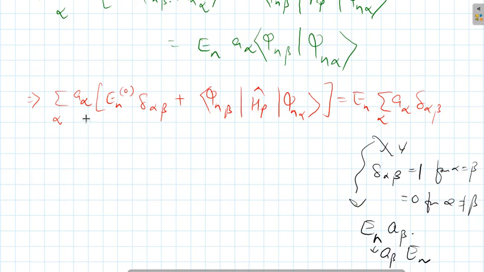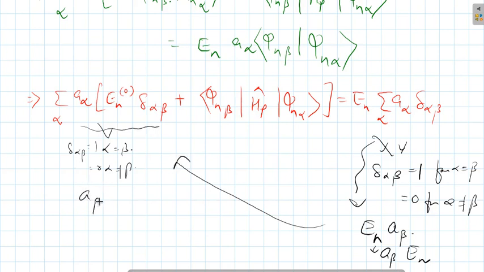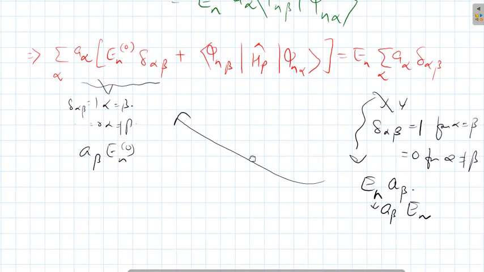And if I use the idea that alpha is equal to beta, the delta function alpha beta will become 1, and it is equal to 0 when alpha is not equal to beta. So using the same trick here, I can express it as A beta En naught, right?